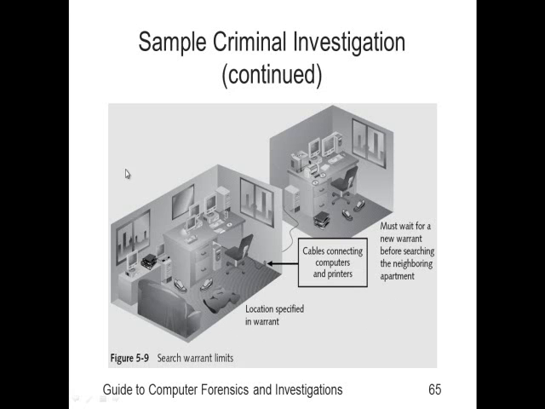The specific warrant limited the investigation to this office or room, but you've got a cable connecting computers and printers in another room. You must wait for a new warrant before searching the neighboring apartment.